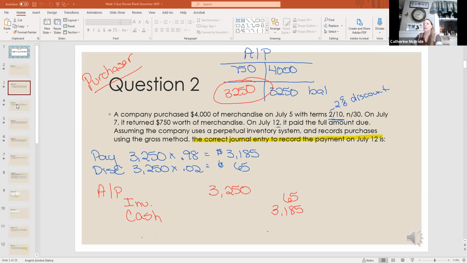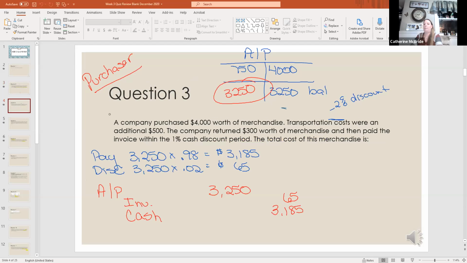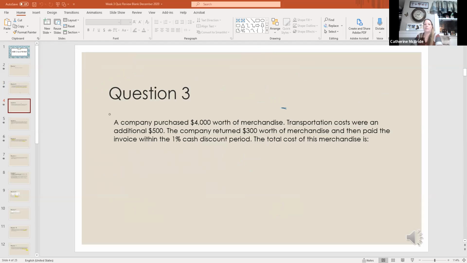Okay, so next. We want to figure out the total cost of the merchandise. So a company purchased $4,000 worth of merchandise.